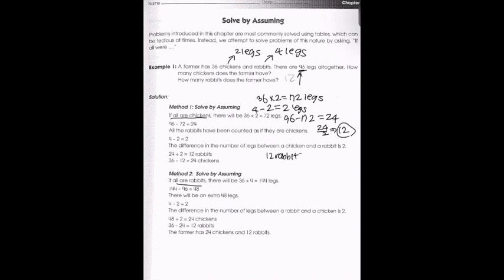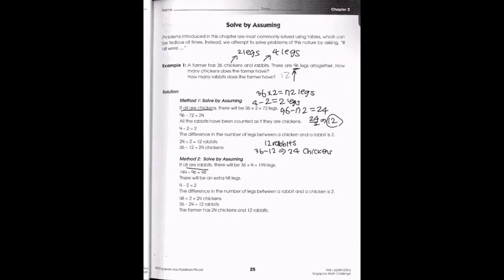Based on this, we go back to the first information that we had: 36 chickens and rabbits in total. So we have 36 minus 12 chickens, which is 24 chickens. That is one way to solve this problem by assuming.